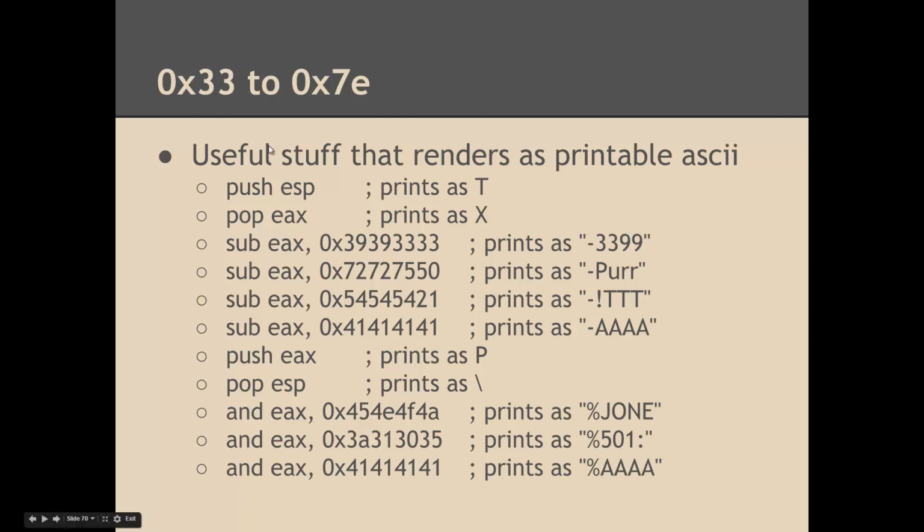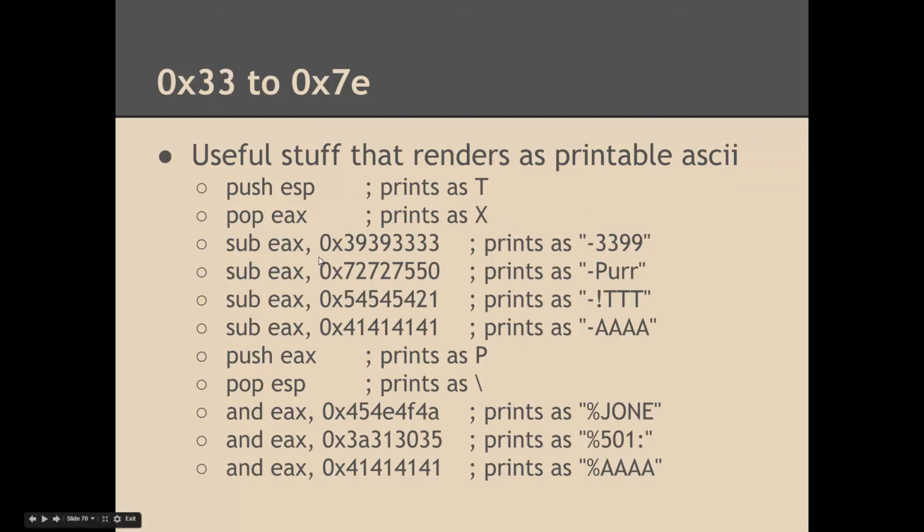So push ESP maps to capital T in ASCII when it's assembled. Pop EAX maps to capital X. And if you do sub EAX, for instance, 39393333, it maps to minus 3399.